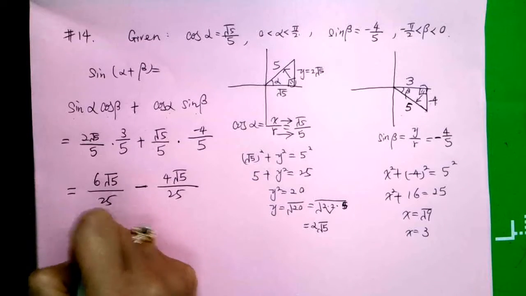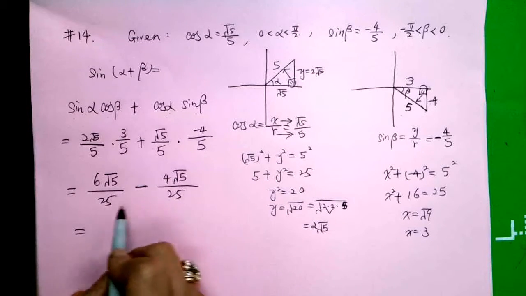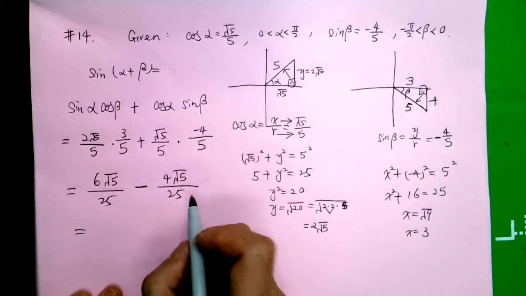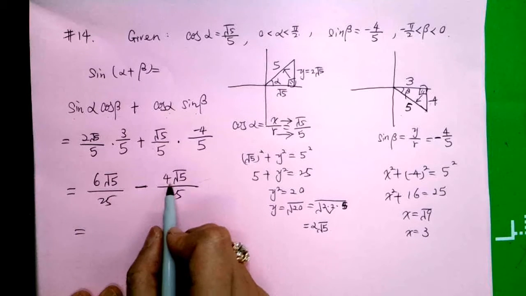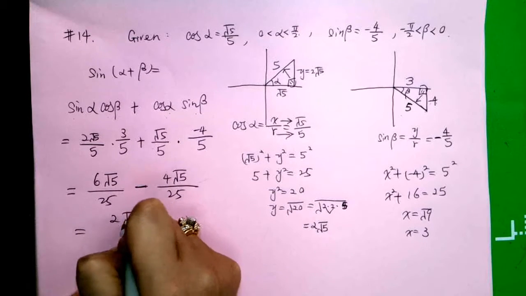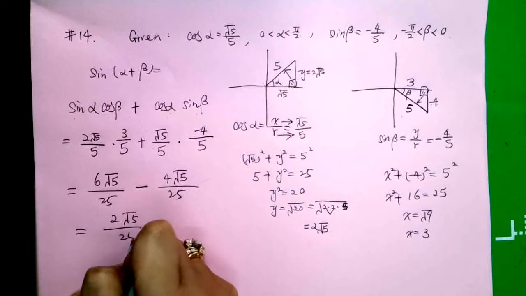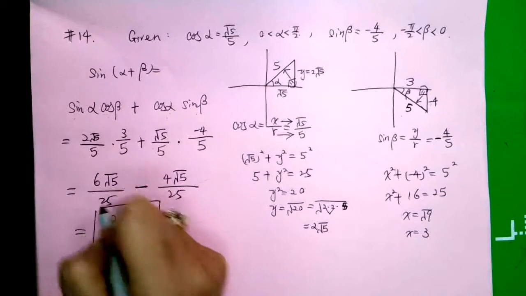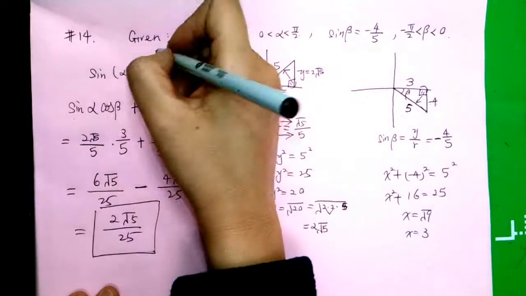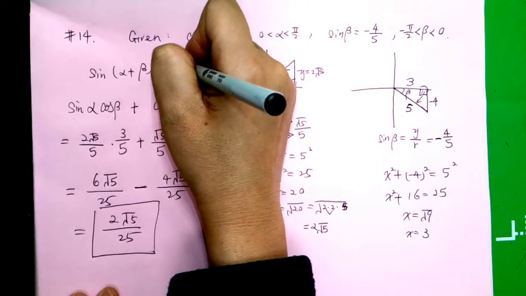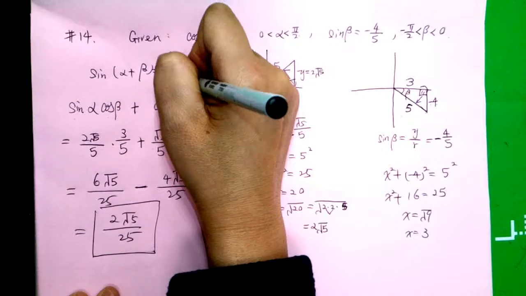Now, because we have a common denominator, we can combine the numerators. 6 radical 5 minus 4 radical 5 is 2 radical 5. The denominator is 25. And that will be the final answer for sine of alpha plus beta: 2 radical 5 over 25.